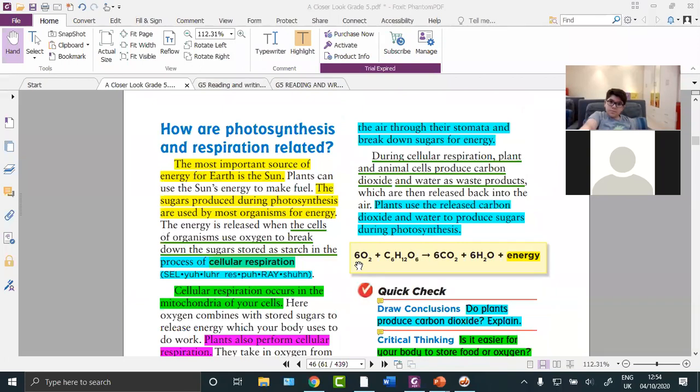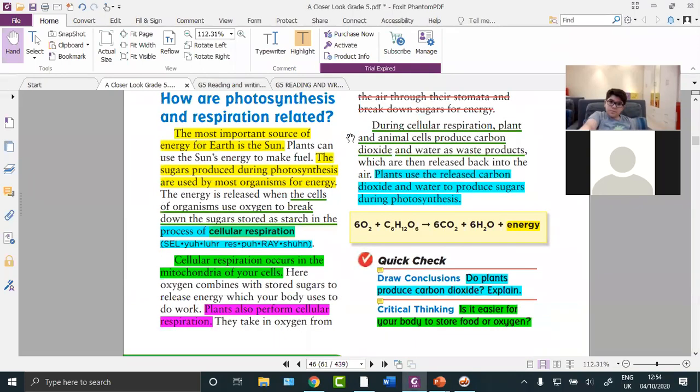During cellular respiration, plants and animals produce carbon dioxide and water as waste products, which are then released back into the air. Scientists express cellular respiration as a chemical equation. Plants use the products of cellular respiration to perform photosynthesis. Thank you so much, Omar. You did well. Please lower your hand. I want to give a chance to your classmates.